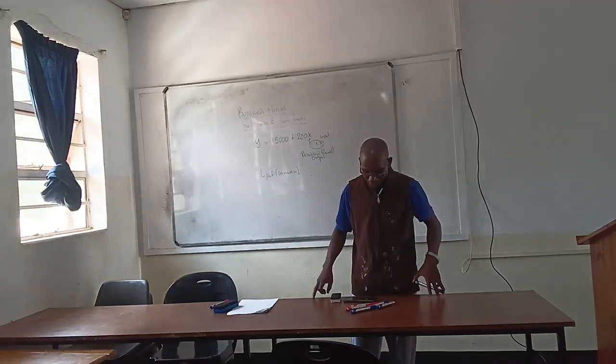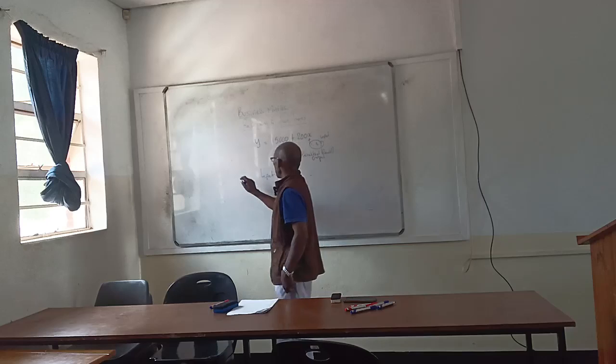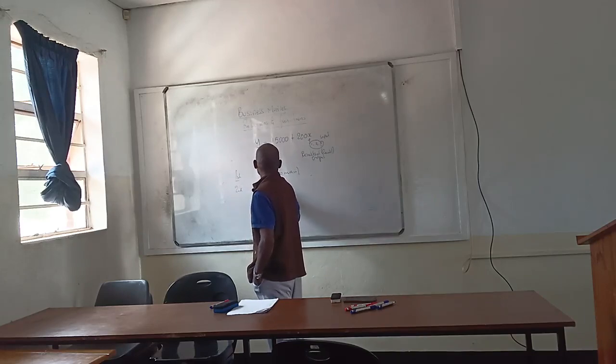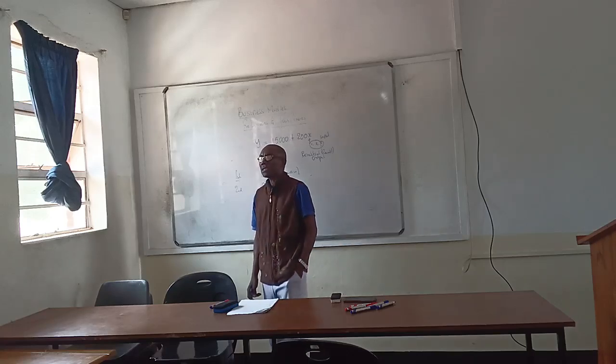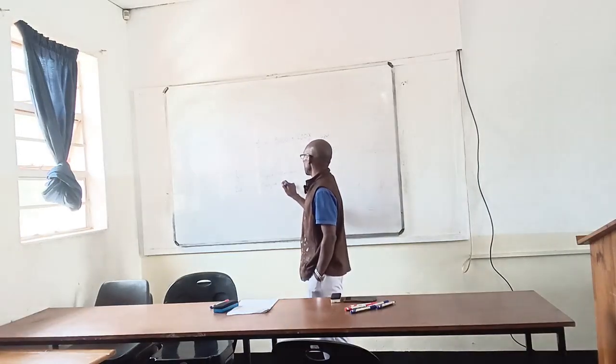And the second term of the member of the relation is what is called the range. This is the first member, right? The first members. And the second members are what is called output. And the output is the same as the range. So you have got the range.